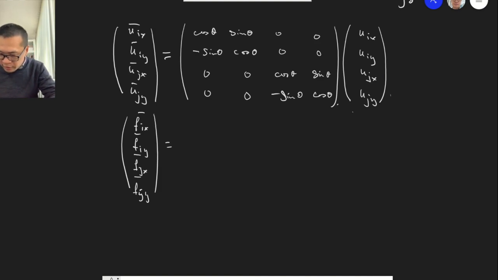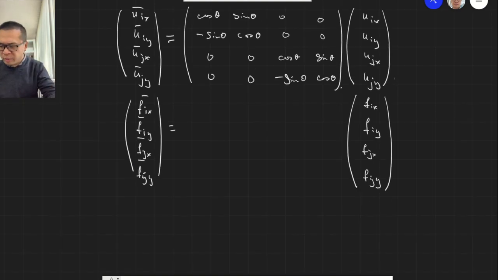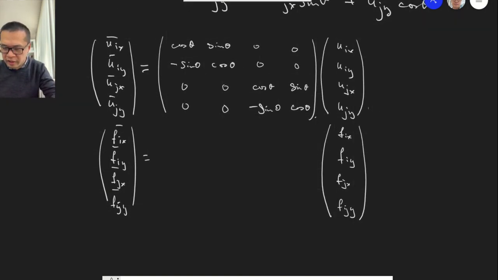And this is basically the same thing as fix, fiy, fjx, fjy, right? To simplify this notation a little bit, I can define this as an orientation matrix.